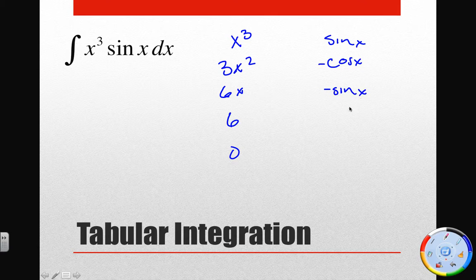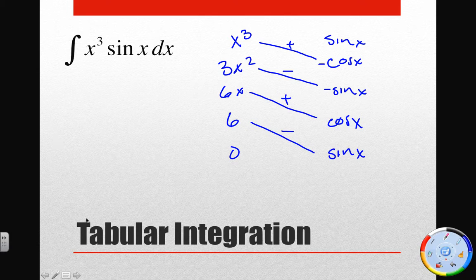Negative sine of x, cosine of x, sine of x. And then we just pair these up. That's a plus, that's a minus, that's a plus, that's a minus.